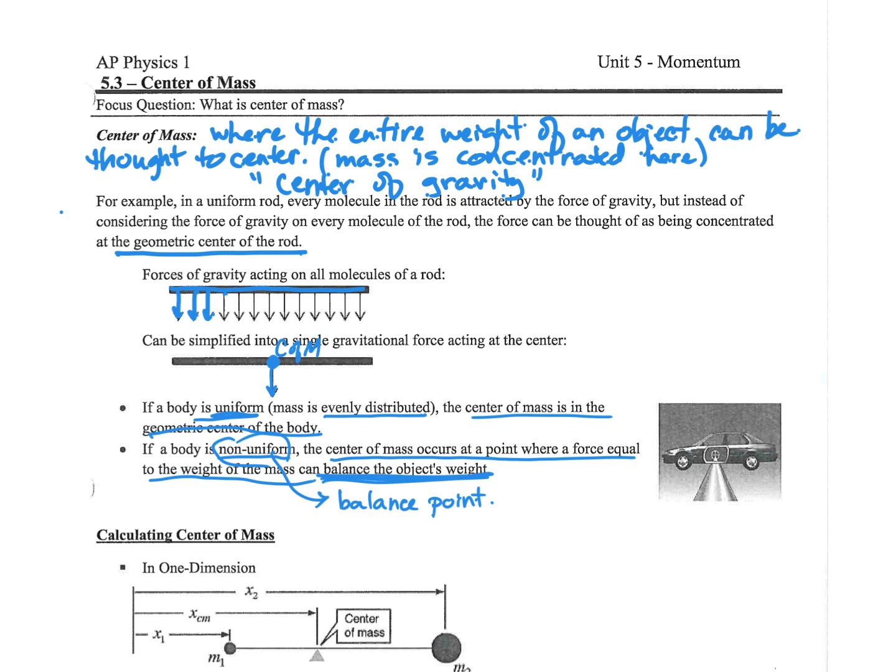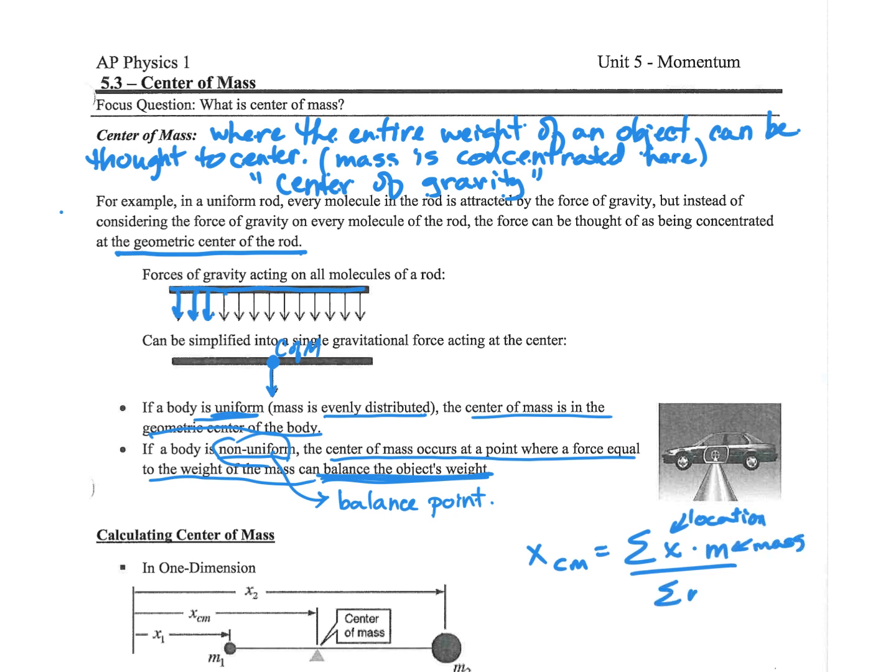So now how do we do this in one dimension? The formula for finding the center of mass in one dimension is going to be: x center of mass is equal to the sum of all the x's times their masses. In other words, location times mass, and then we're going to divide that by the entire sum of their masses.